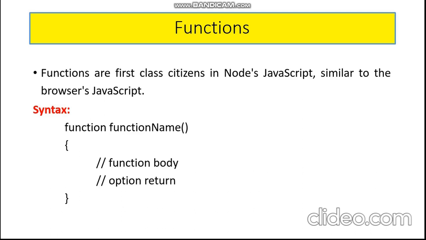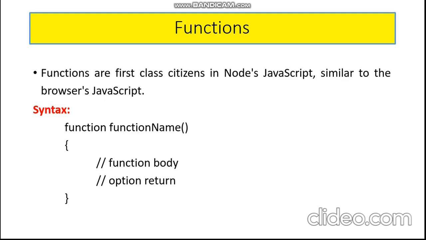Now this is the syntax of a function. Whenever we declare a function, we use the keyword function. Then we have to mention a function name. Inside the function body, we mention function statements, and lastly a return value, because every function returns some value.